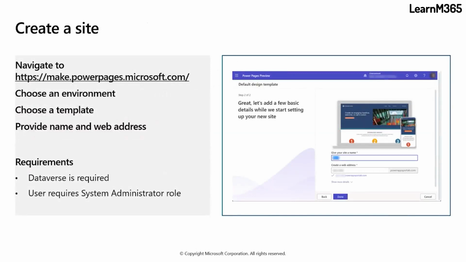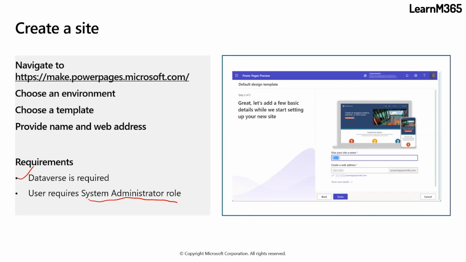So now let me help you with how to provision a Power Pages site. For that, the first requirement is that you should have a Dataverse, and you should have the system administrator role to create the website. It is not recommended to create a site in the default environment.